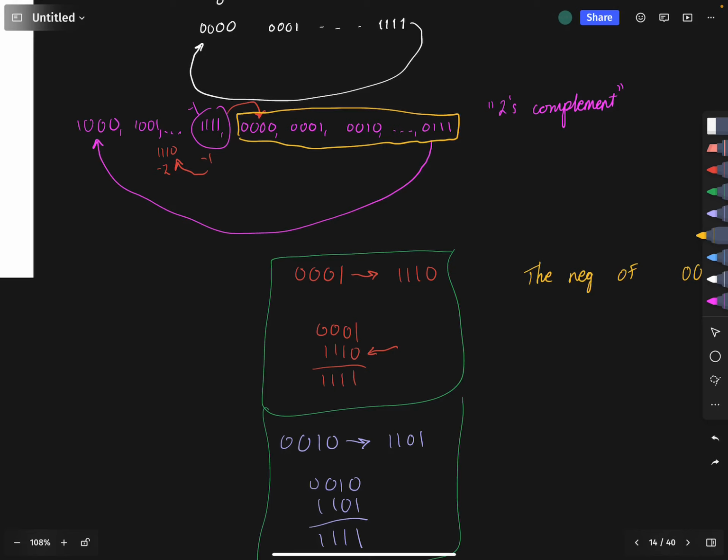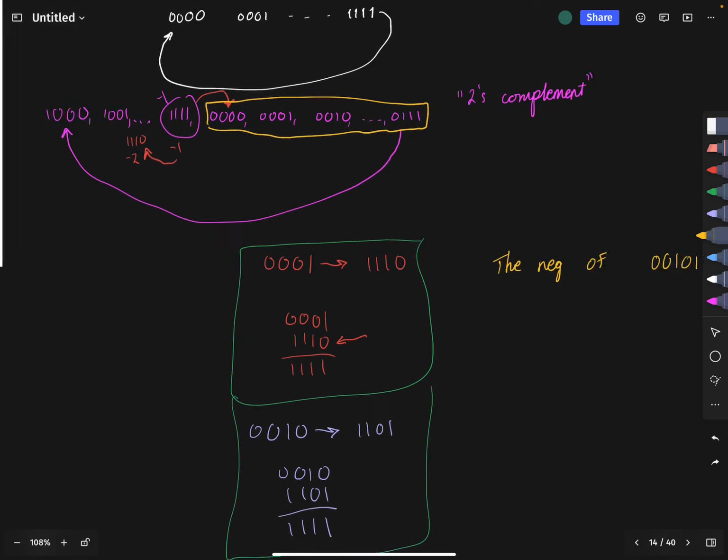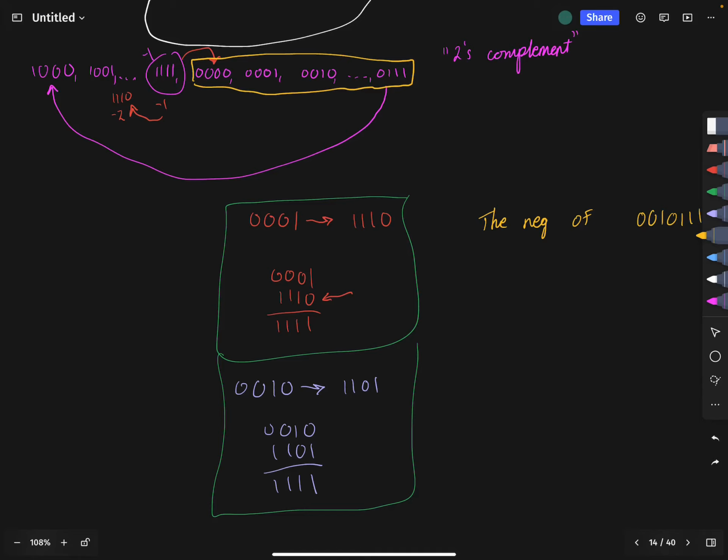I just want to tell you that if you want to know whether a number is negative in 2's complement, it is still enough to simply inspect the leading bit. A 0 means positive or non-negative, and a 1 means negative. And it means strictly negative, by the way. If you've got a leading 1, it cannot be the number 0.